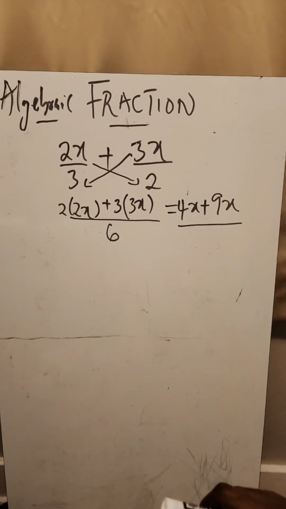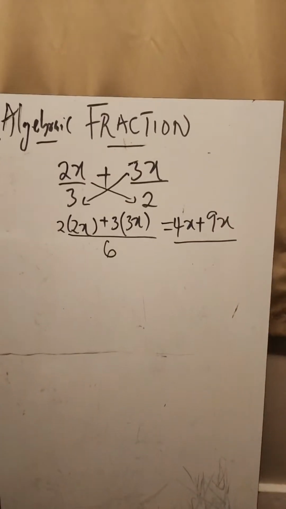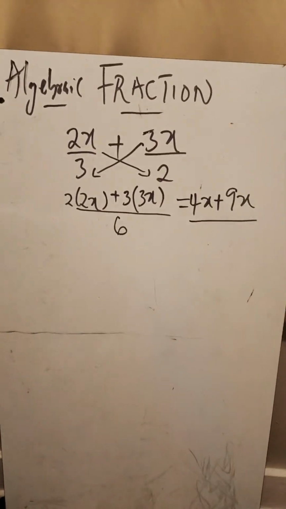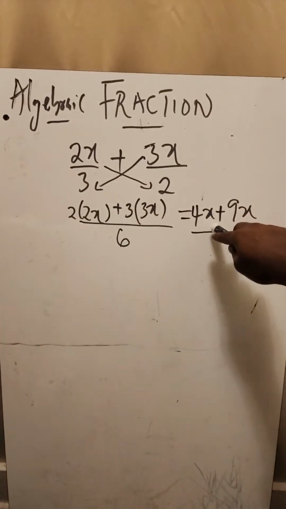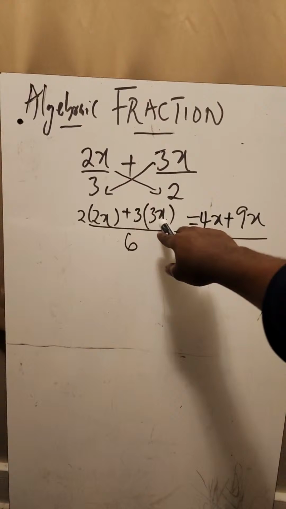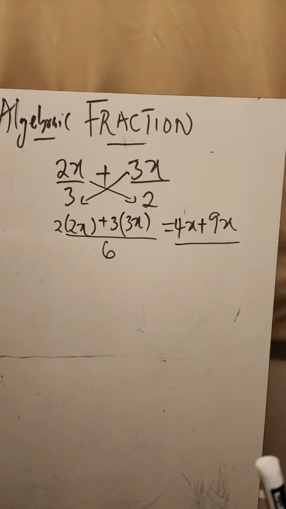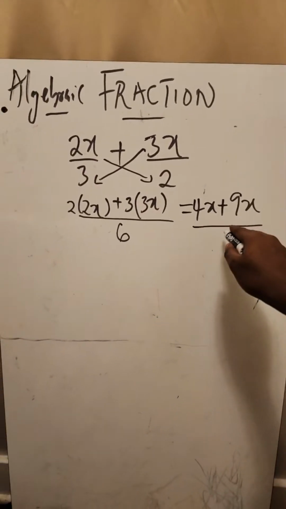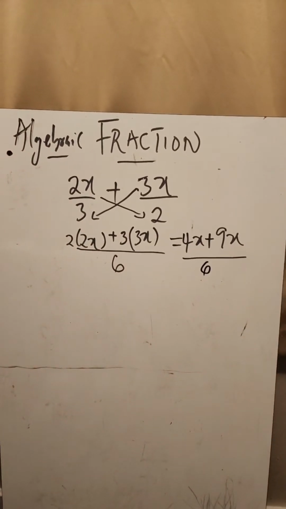Now looking at this, we have 2 multiplying 2x plus 3 multiplying 3x over 6. The 2 times 2x gives 4x, plus 3 times 3x gives 9x, divided by 6, which is the common denominator.